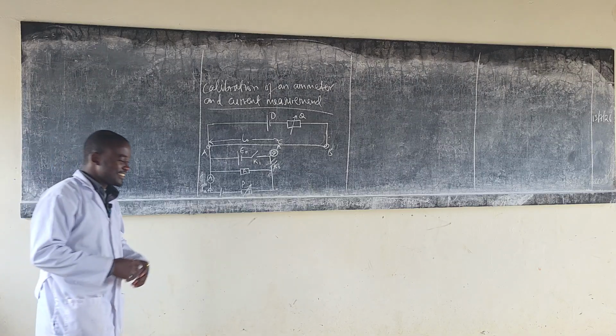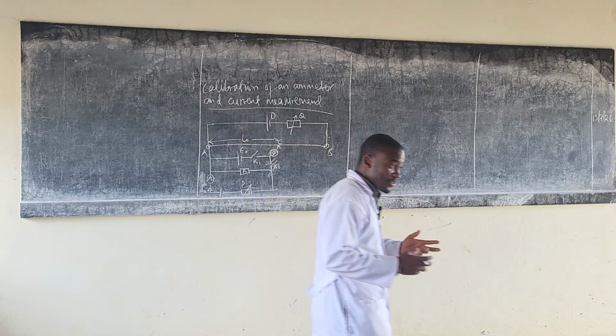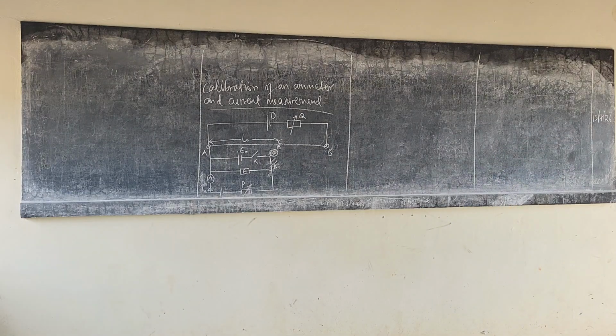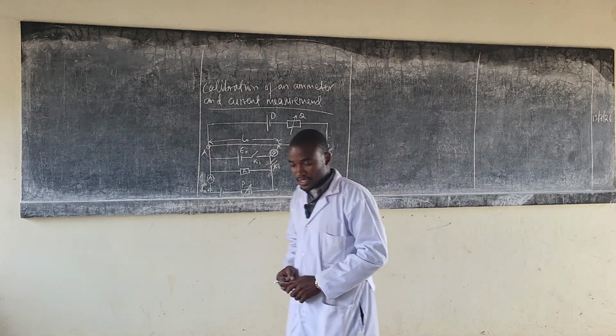What else can you calibrate? A voltmeter, the intention is to measure PD. Are we together? So now we can as well calibrate an ammeter, and we are in position to measure current.